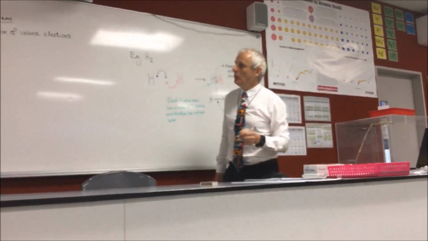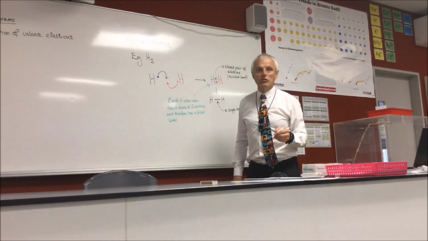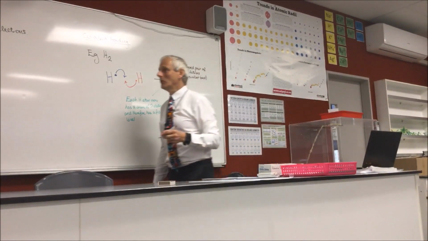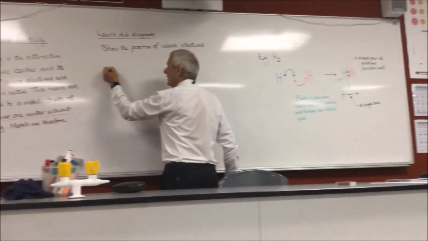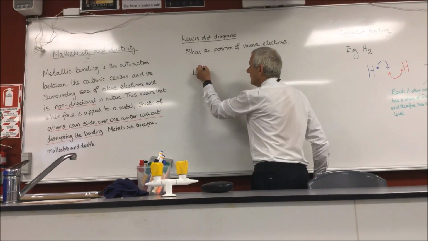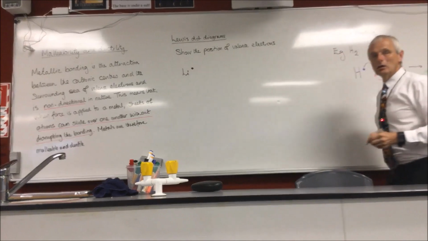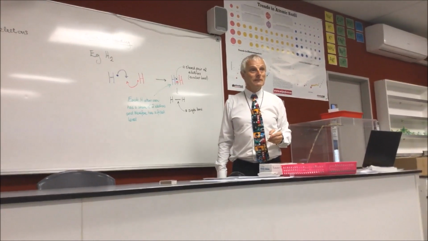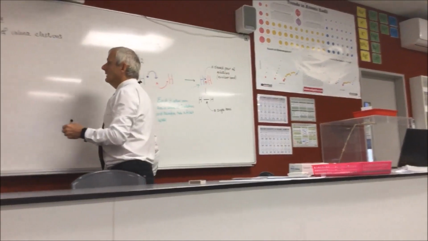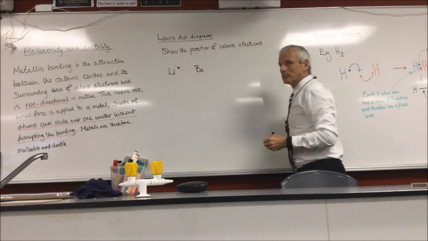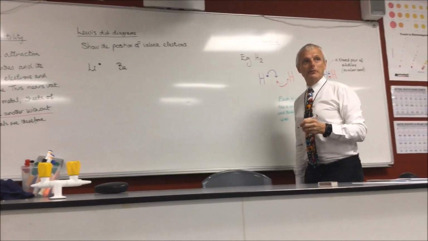So what I want to do is go to the second period and draw all the way across. So we're going to start off with lithium, and because they only show valence electrons, lithium has got one electron. If we go to beryllium, we've got two.